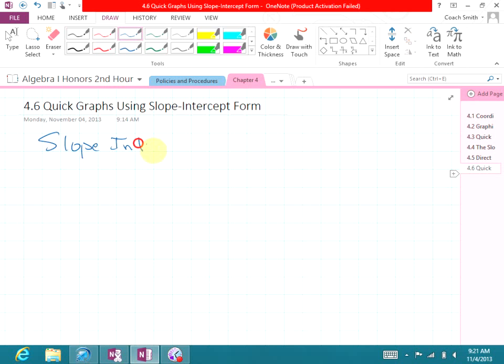Slope-intercept form. All right, slope-intercept form is exactly the same thing as function form.